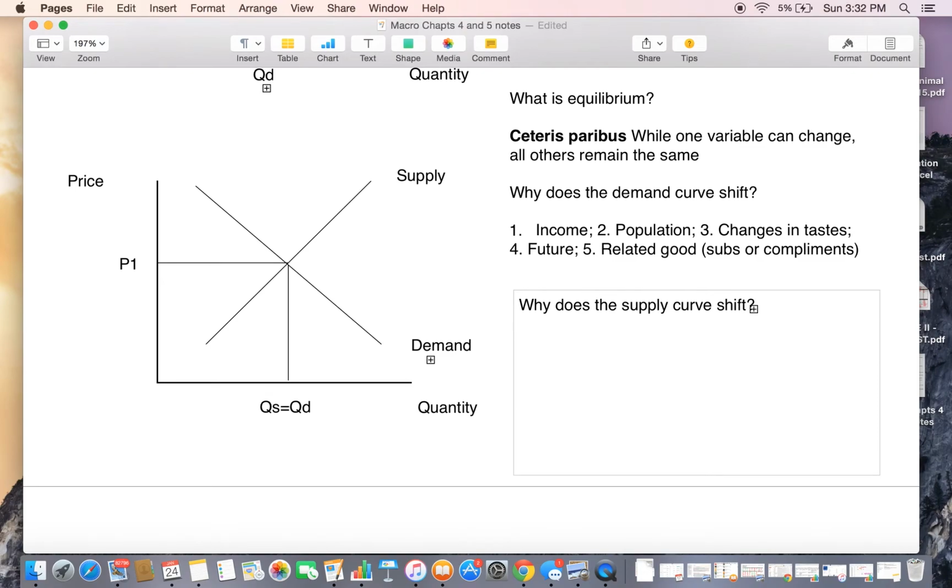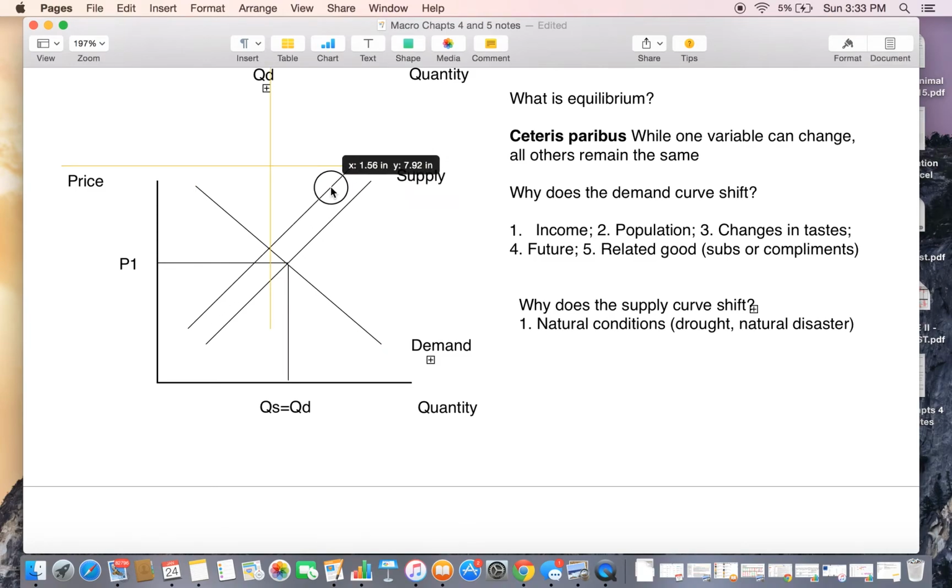So the supply curve can shift due to natural conditions. For example, a drought, natural disaster, okay? If we are Florida orange growers, okay, and we have a significant drought, that won't just reduce the quantity supplied of oranges, but will also reduce the supply at every price.